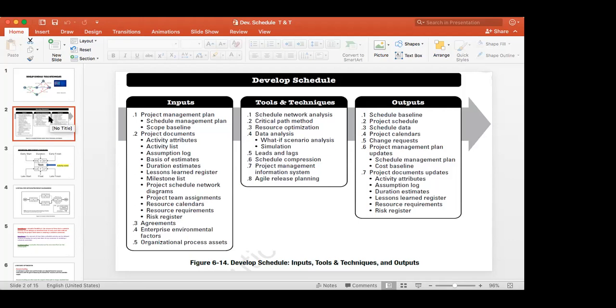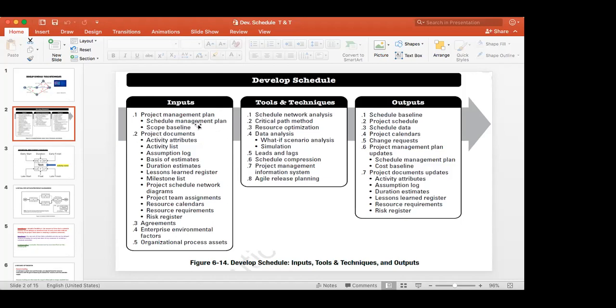So for develop schedule, you have a lot of inputs. To develop the schedule, you need the project management plan. Out of that, the schedule management plan and scope baseline. You know these things we have learned earlier, even in our first lessons.